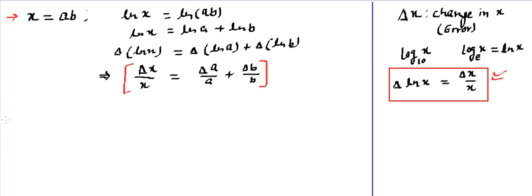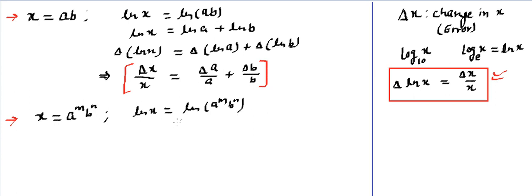Quickly we can also check for the power expression, and you will understand how it comes to that relation for the power case. Let's say x is a raised to power m, b raised to power n. The next step is taking the logarithm on both sides. So it becomes ln x is equal to ln of a raised to power m, b raised to power n.